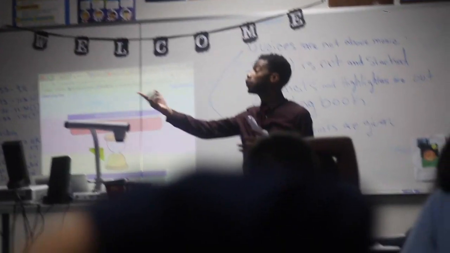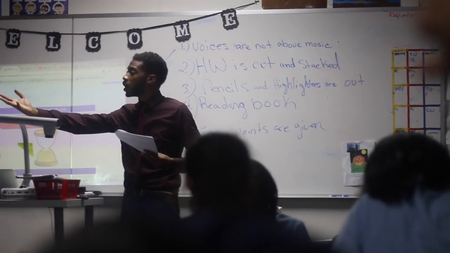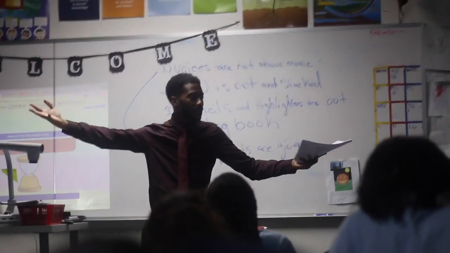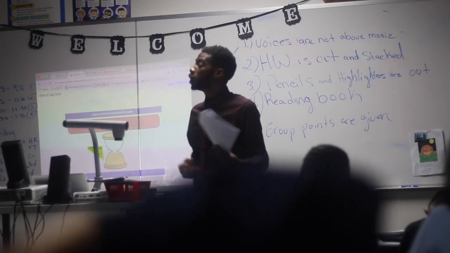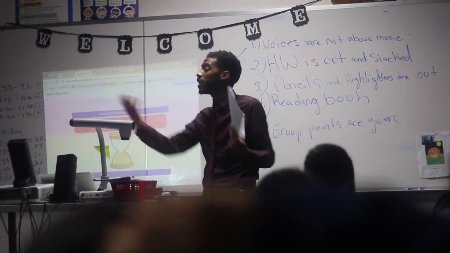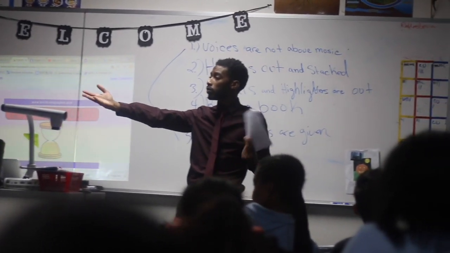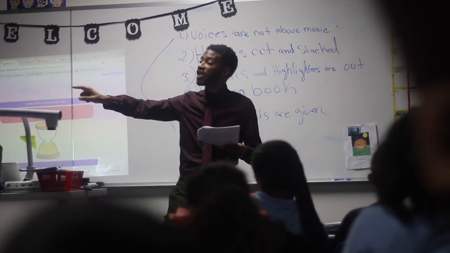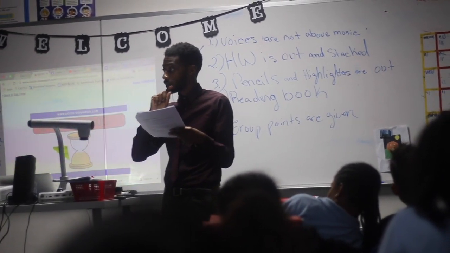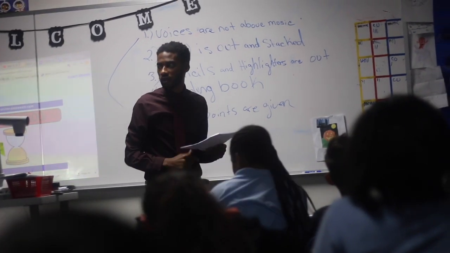Okay, the carbs. You're absolutely right. Because the carbs give us what? Sugar and starch, or sugar and glucose, right? And we know sugar and glucose are tied to, what's that E word, Mike? Energy, right? Thank you. So with that being said, the glycemic index gives us what information?